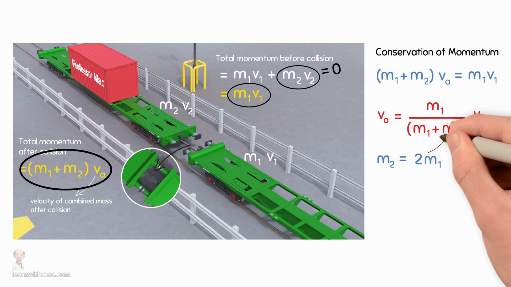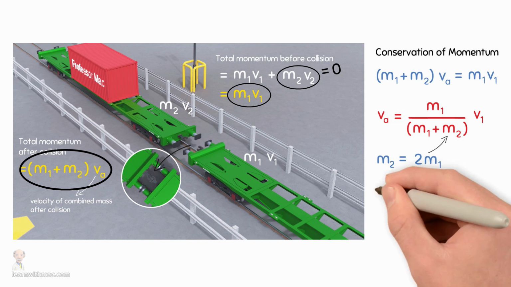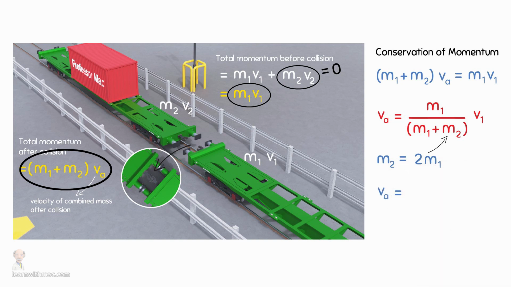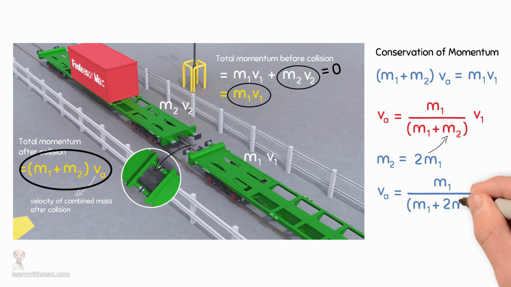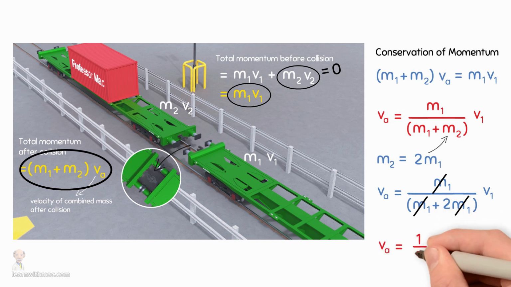And if we substitute this into the equation, we end up with the velocity after the collision equals m1 over m1 plus 2 m1 times v1. We can simplify this by dividing through by m1, and this then gives us the velocity after the collision equals 1/3 v1. How cool is that?